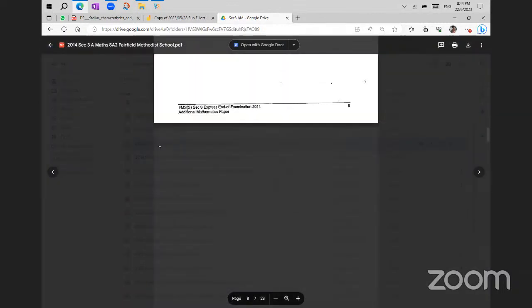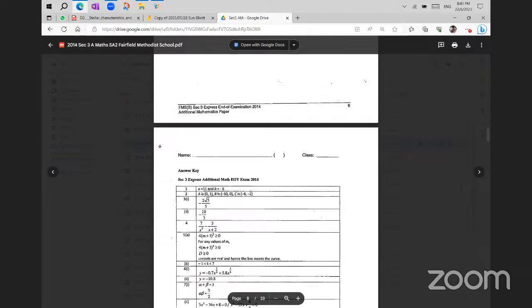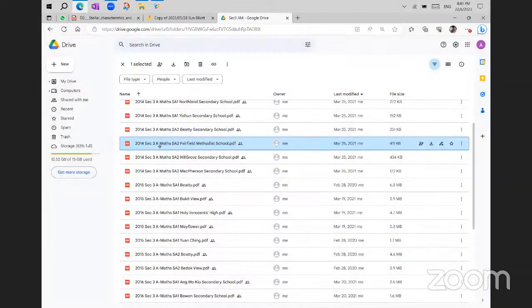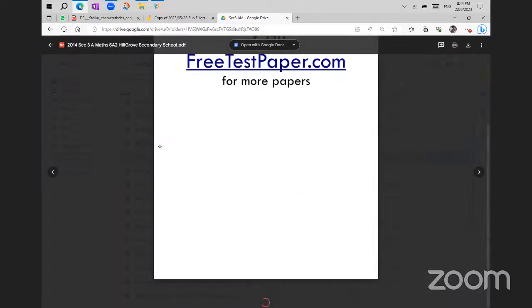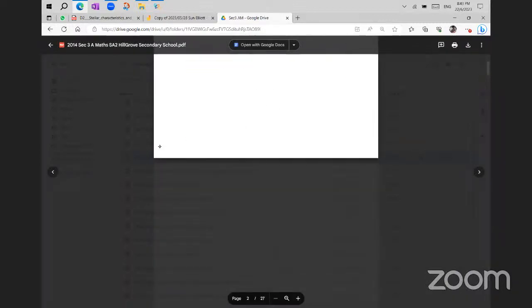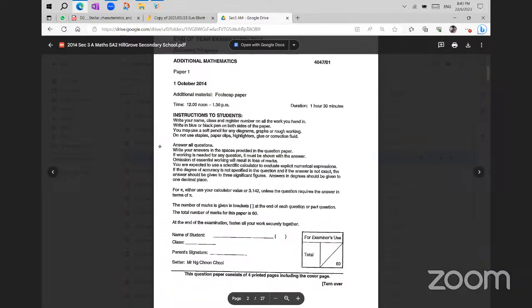Oops, I think this is what we used just now. So don't do that. This is the paper that we used just now. Another one, please. Oh, all right, let's go to Hilgrom. You go find the CG question by yourself. Give it a try. See whether you can spot it.